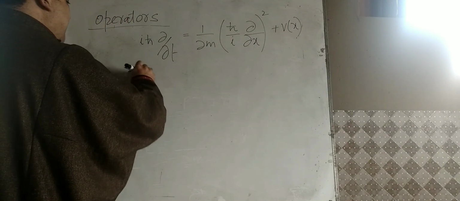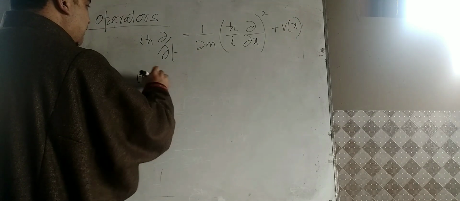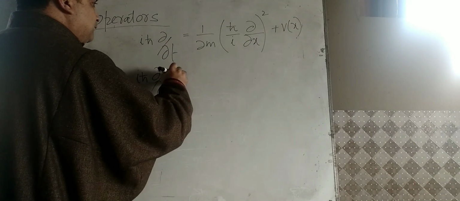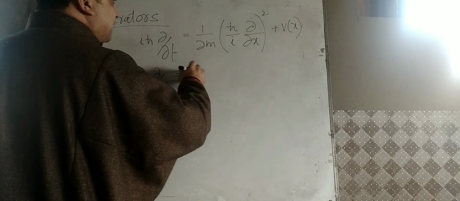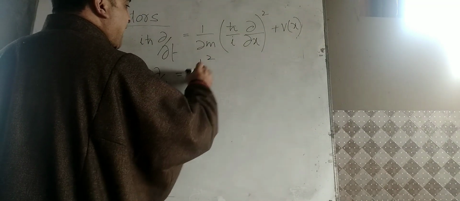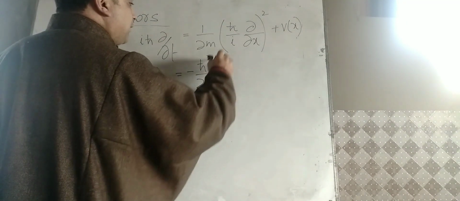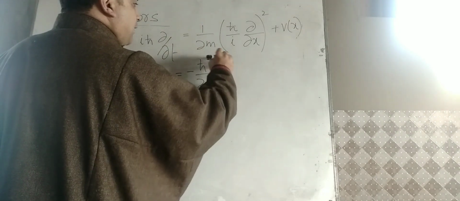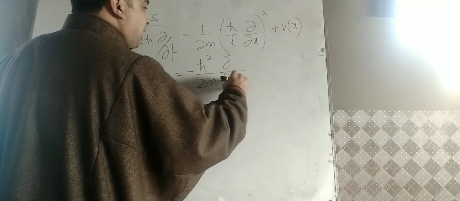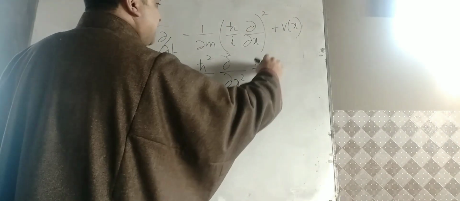So this will be i h bar del psi by del t is equal to minus h bar square by 2m, del 2 del x2, plus V of x.